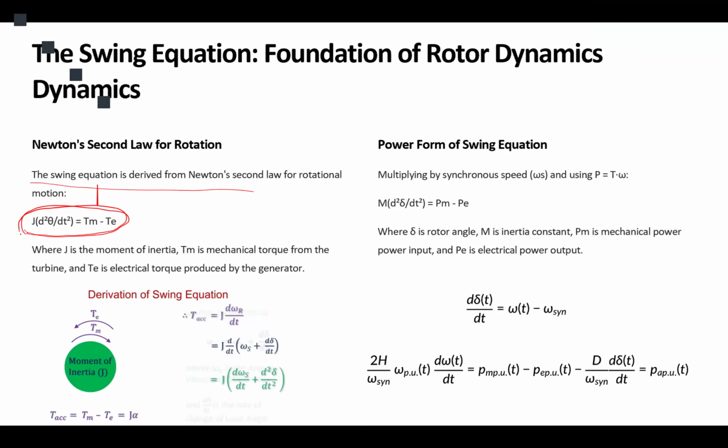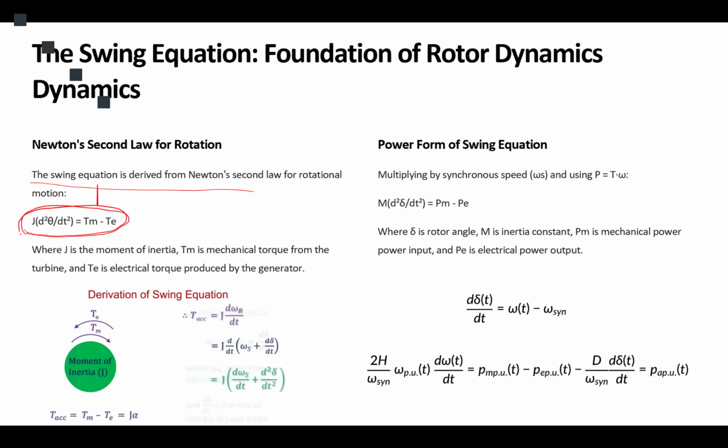So now, the parameter that we share in electrical engineering and mechanical engineering, when we talk about the rotary machine, is power. We have a mechanical power, we convert it to electrical power, or vice versa. If we have a motor, electrical power is converted to mechanical power.